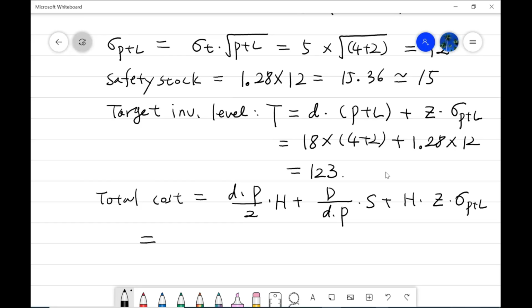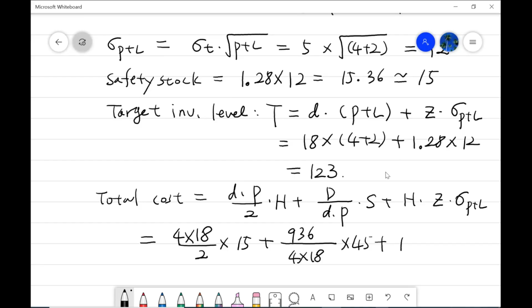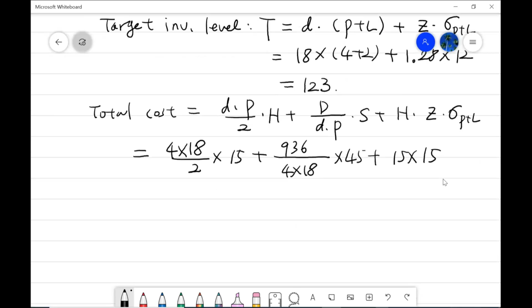I just plug the numbers in here: 4 multiplied by 18 divided by 2, cycle inventory level, multiplied by 15, plus 936 annual demand divided by 4 multiplied by 18, order frequency in a year, and then 45 plus 15 multiplied by 15. I already calculated the safety stock. So according to my calculation, that is 1,350. That's all.